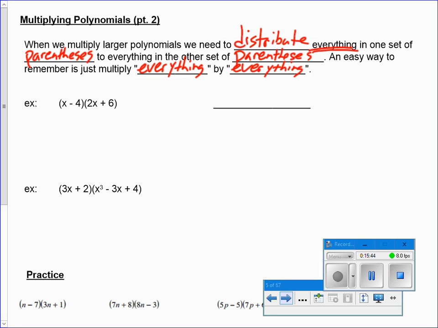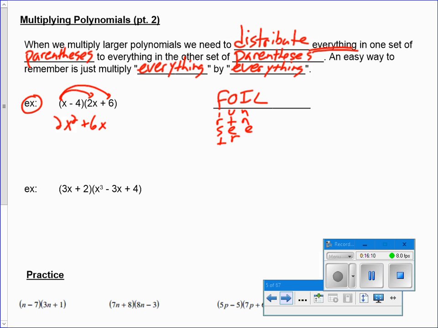Alright, so we're multiplying two that have two terms, like this first example. Right, we have a phrase for that to help you remember. It's called FOIL. We multiply the first terms, right, which would be x times 2x, 2x squared. Then we'd multiply the outer terms, which would be x and 6, so 6x.